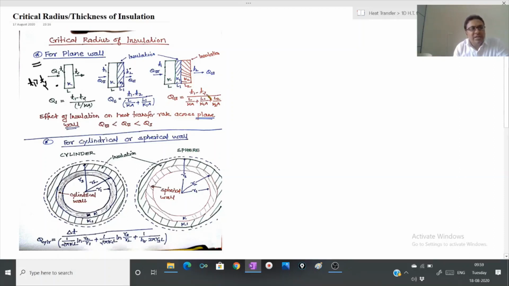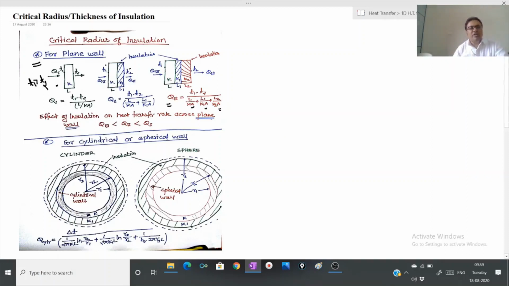Similarly, let's say I provide another layer of insulation having thermal conductivity K2 and thickness L2, maintaining the same temperature difference across the plain wall face and second insulation face. Under such condition, the rate of heat transfer can be calculated by T1 minus T2 over L upon KA plus L1 over K1A plus L2 over K2A.